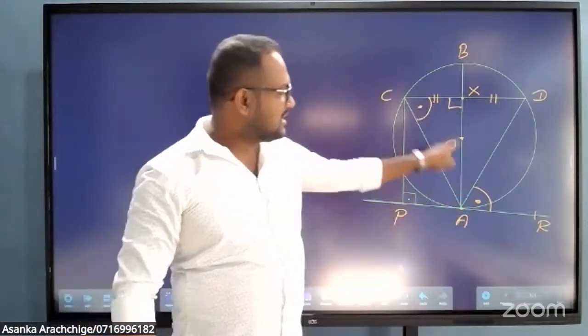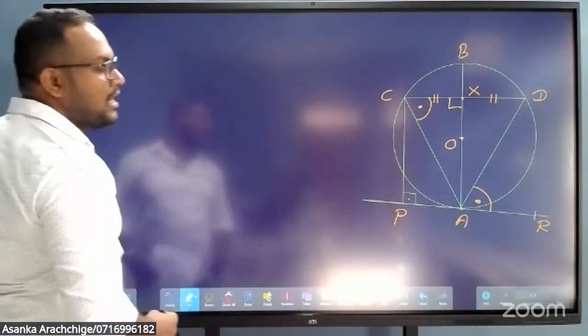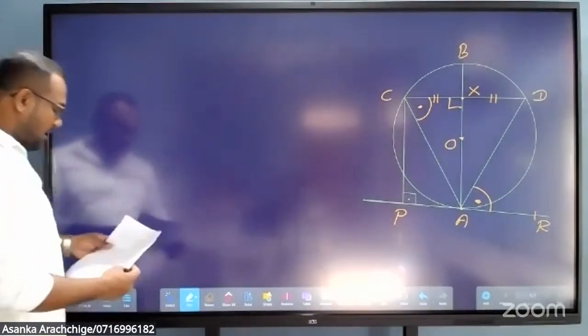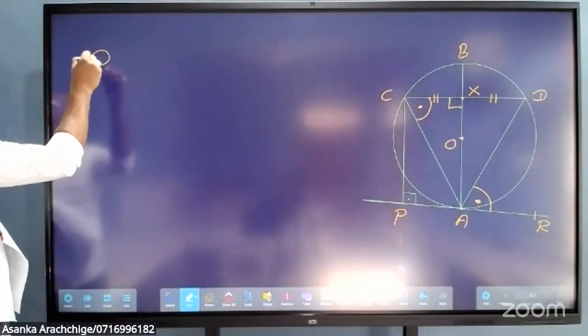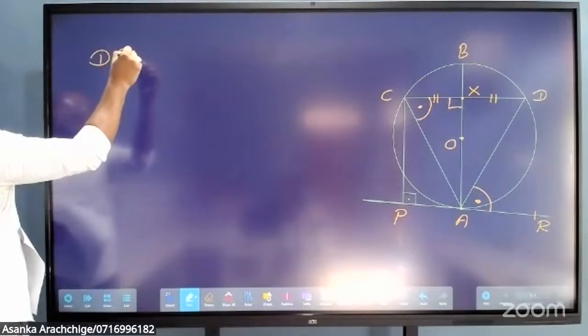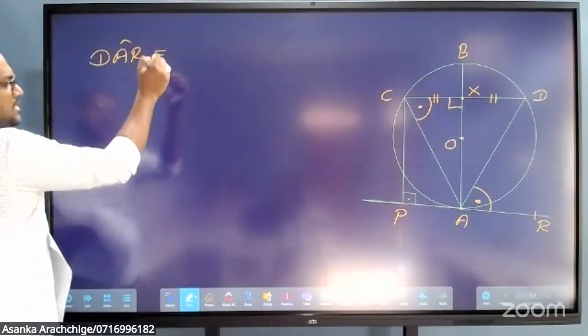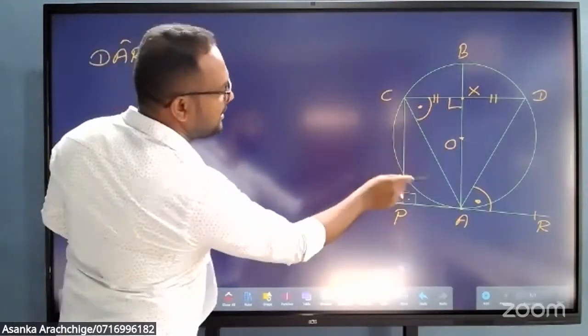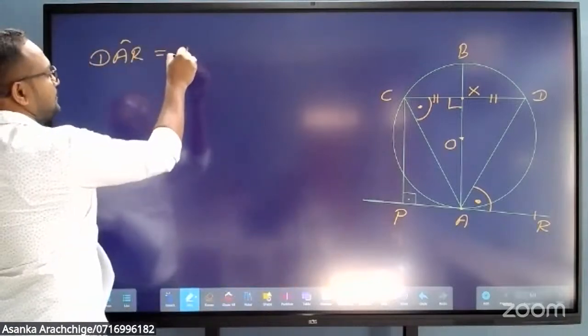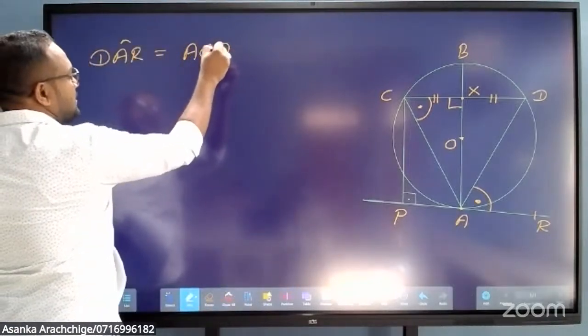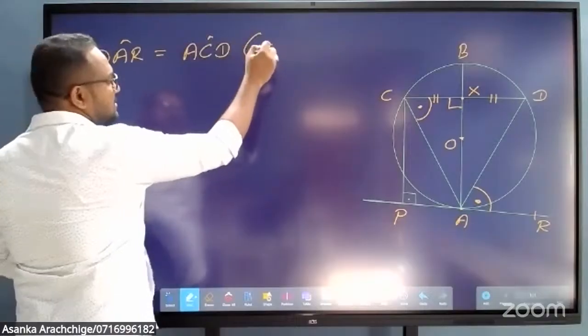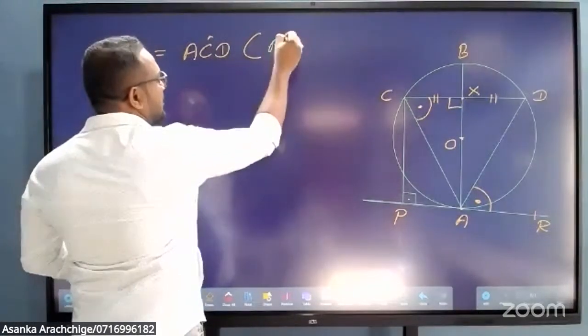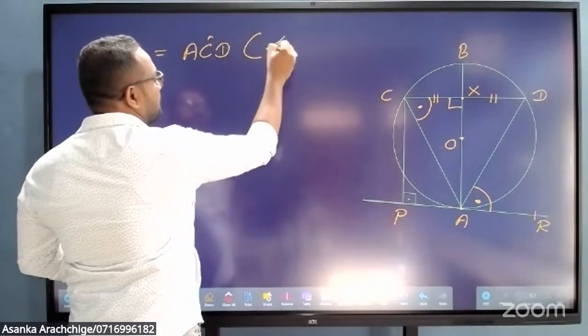This angle must be equal to this. DAR must be equal to ACD. Reason: angle in the alternate segment.